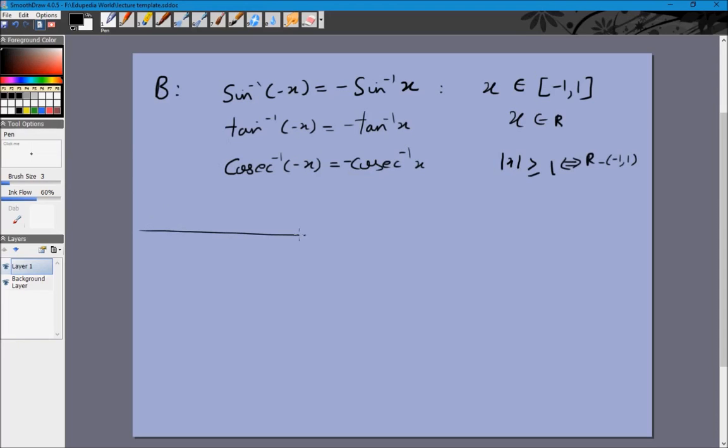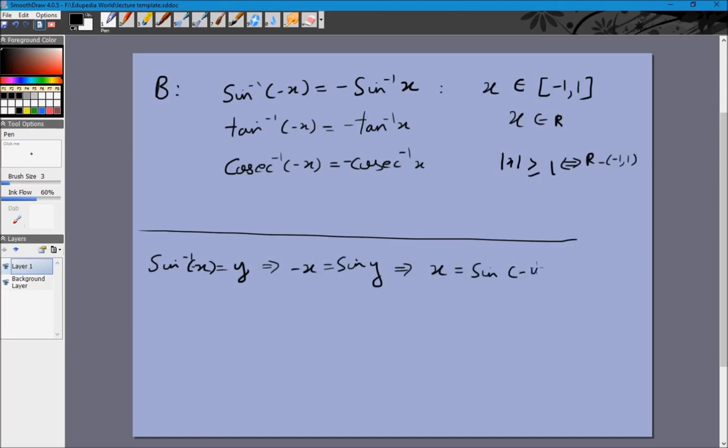So I'll just prove one of them. If sine inverse of minus x is equal to y, that means minus x is equal to sine y. That means x is equal to sine of minus y, which means sine inverse of x will be sine inverse of sine of minus y, which will be minus y.